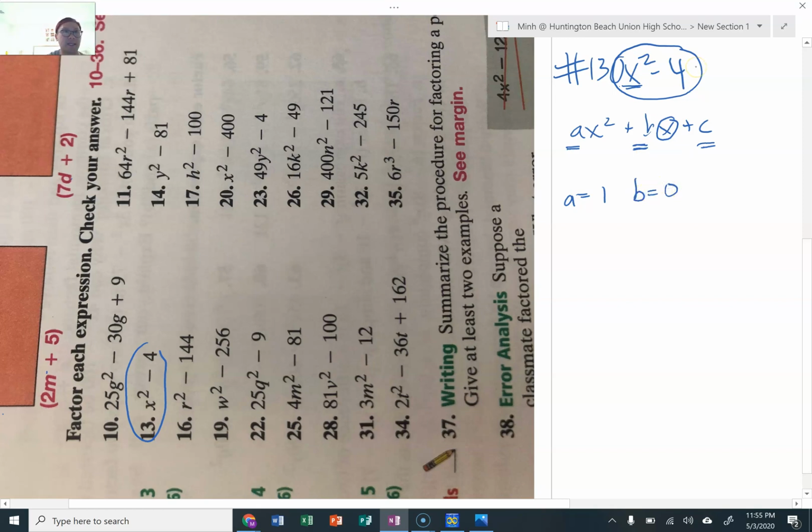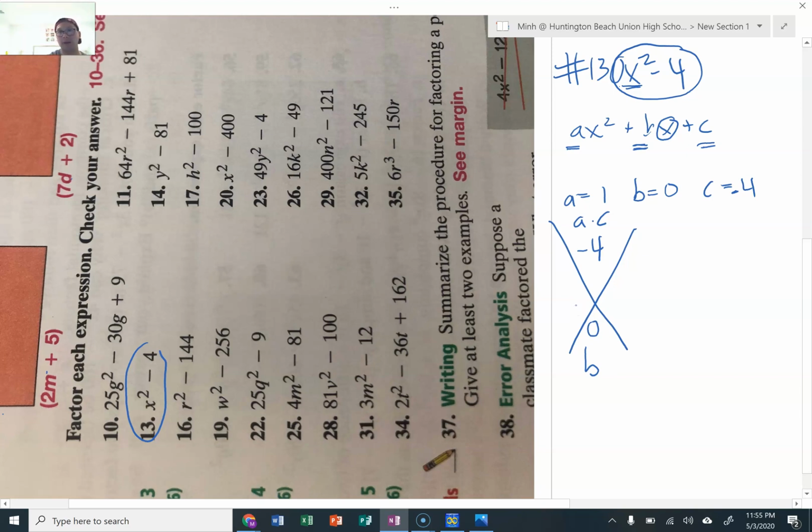And then since the negative 4 is a constant that stands alone, our c is going to be negative 4. So we have everything. It's okay to say that your b is 0. From here, do the same as before, a times c, excuse me, I forgot to put the negative 4 in that one. So our a times c is going to be negative 4, and our b is going to be 0.